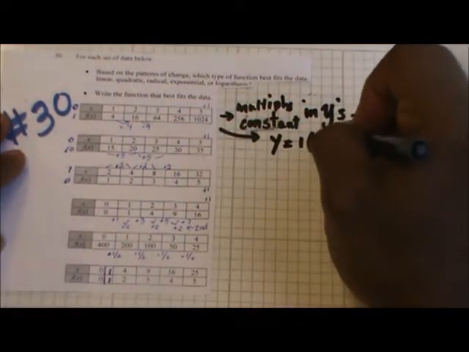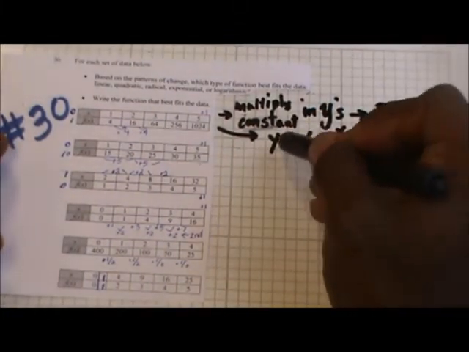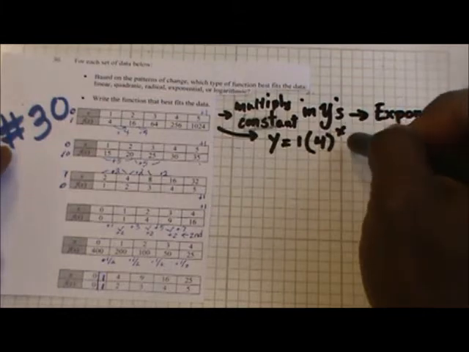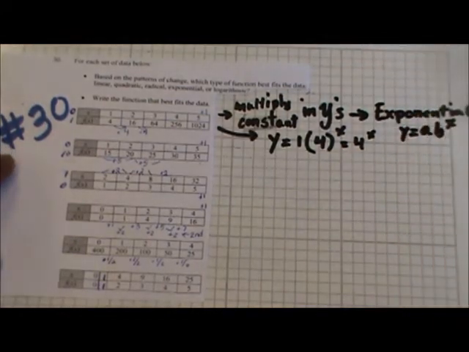And then b is our rate of change. In this case, we're multiplying by what in our y's? 4 to the x. No need for linear regression for this problem. So there's your number 1. Bullet 1 is exponential. Bullet 2, y is equal to 1 times 4 to the x. Or you could just write 4 to the x. y is equal to 4 to the x.